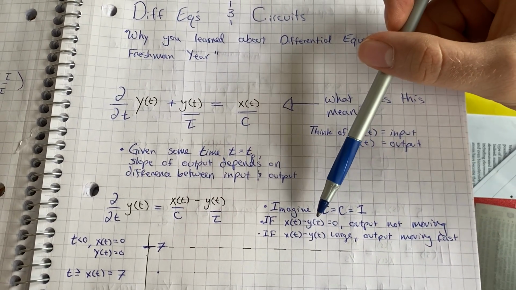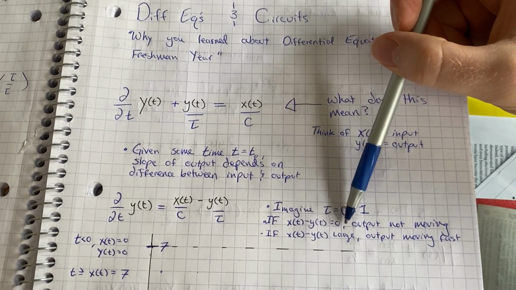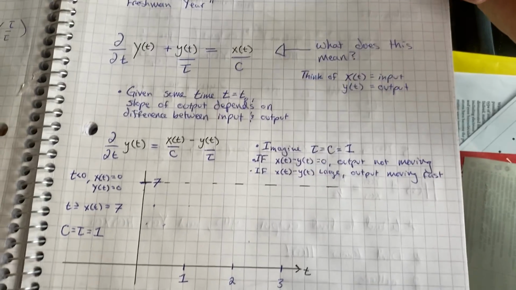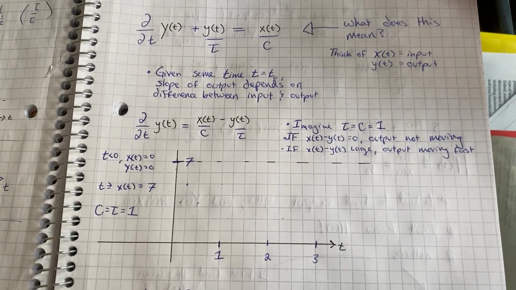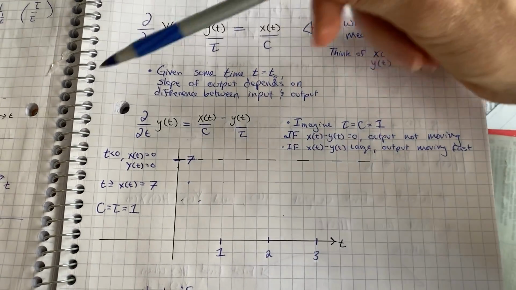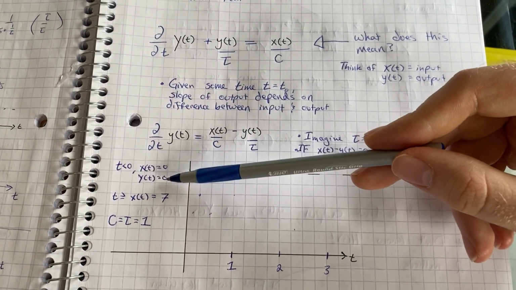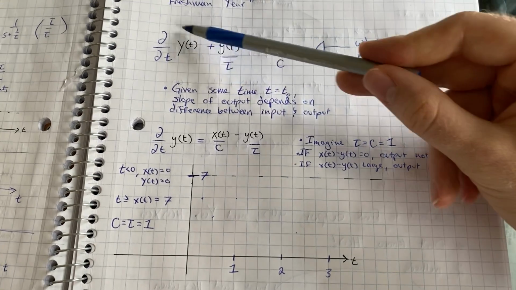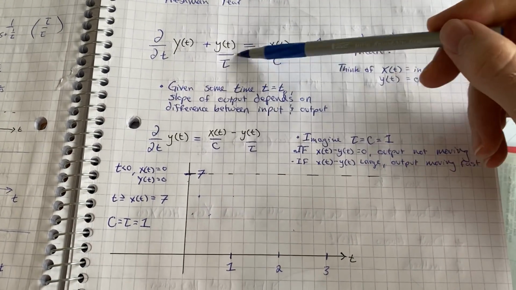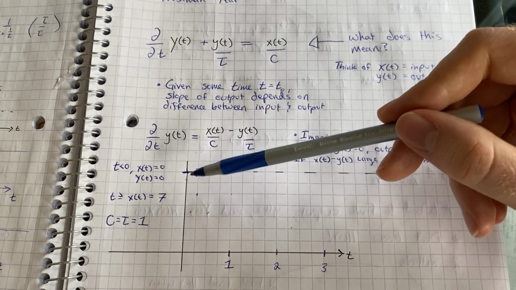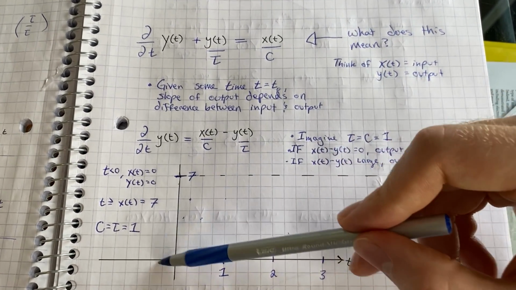If the difference is 0, output's not moving. If the difference is large, the output's moving pretty fast. So let's take this example here, where before t equals 0, both x and y are equal to 0. So there's no difference, the derivative is 0, the output, or y, is not moving. And let's say that we want to set x of t equal to 7, so it's a step input.